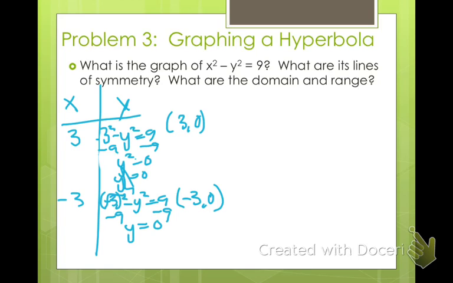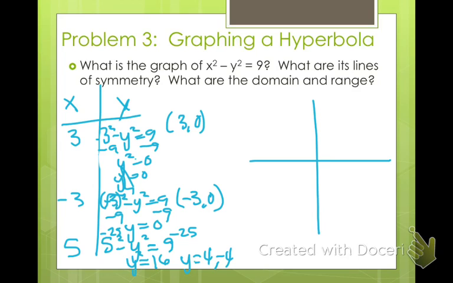Now we need to think of something bigger, like 5. If we did 5, 5 squared minus y squared equals 9. 5 squared is 25. Subtract 25 from both sides. You get negative y squared equals negative 16, so we'll just make those both positive. So y squared equals 16, so y equals 4 and negative 4. So here's where we're getting into the 2 points again. So let's see, we have 3, 0; negative 3, 0.